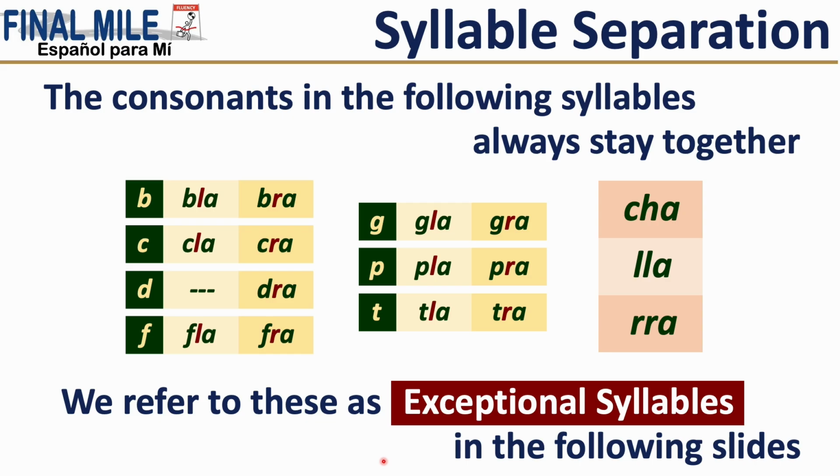But really, within 2 days, you should be able to speak Spanish pretty much perfectly, okay? So we are going to call these two sets, the compound syllables and the ones that used to be one single letter, exceptional syllables in the following slides.